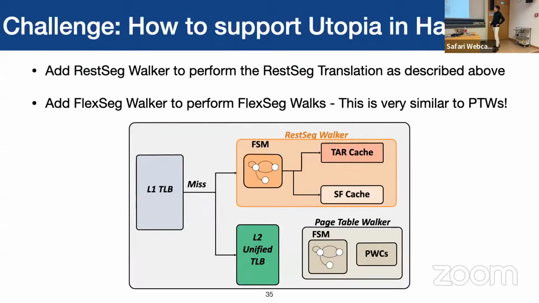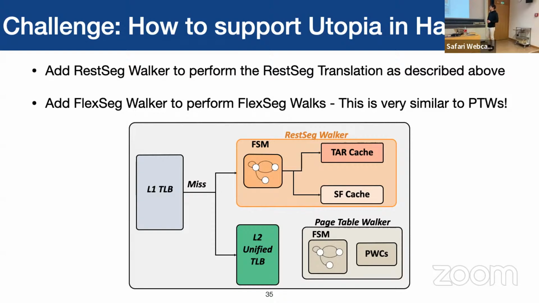Okay, so what does all of this look like in hardware? Basically, it is very similar to what we've just seen from the data structure view of this. So we still have the L1 TLB, which is accessed first. If we get a miss there, then we go to the restrictive segment walker, which is basically just a finite state machine accessing the tag array.